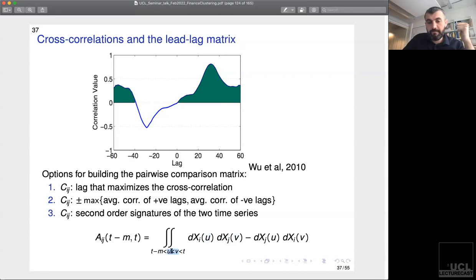So every time Apple makes a move in a certain direction, Google will make a move at that point or later in the same direction, minus the propensity with which the opposite thing happens. This construction gives us a lead-lag matrix where entry ij is a proxy for the propensity of stock I to lead stock J.